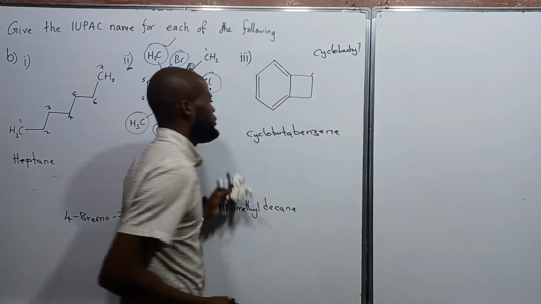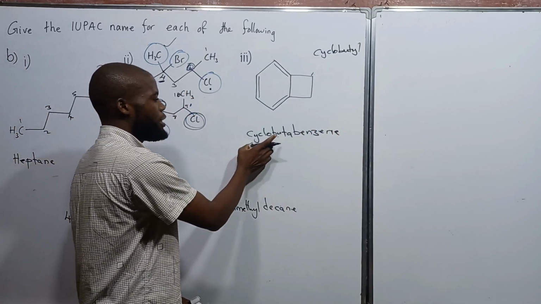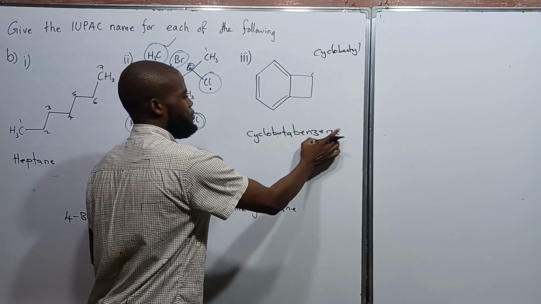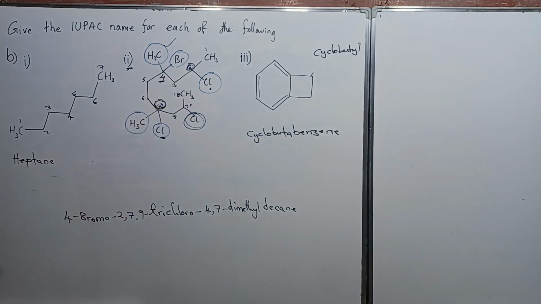So the name for this compound is now going to become cyclobutabenzene. Okay, so that's it for the second part of naming organic compounds. Thank you very much.